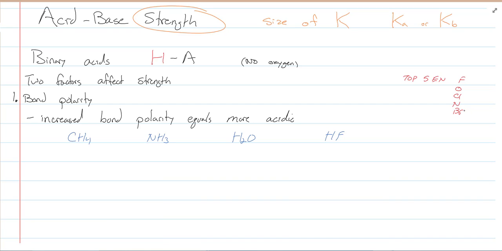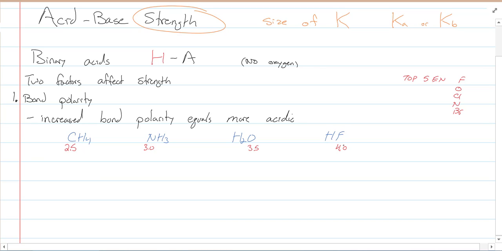We're still going to do the top five for whether it's polar or not. That hasn't changed. But what I want to point out is that the electronegativity of carbon is 2.5, nitrogen 3.0, 3.5 for oxygen, and 4.0 for fluorine.